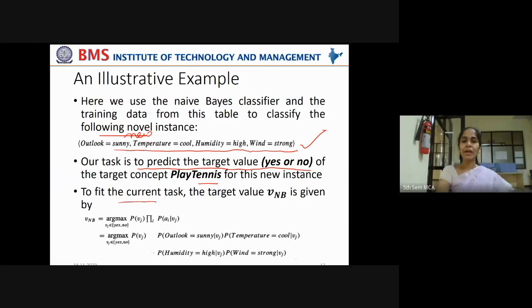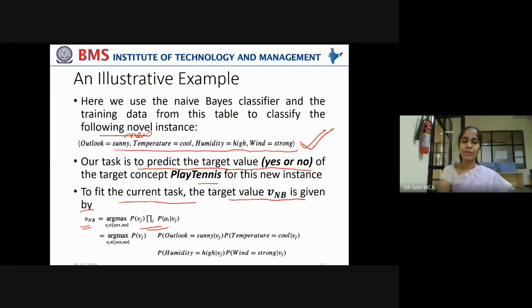Now, to fit the current task, in order to estimate the outcome label for this new instance, the target value V_NB can be calculated. V_NB means the target value, whether it is yes or no. How can this be calculated? By using this formula. You know how this formula has been derived, right?